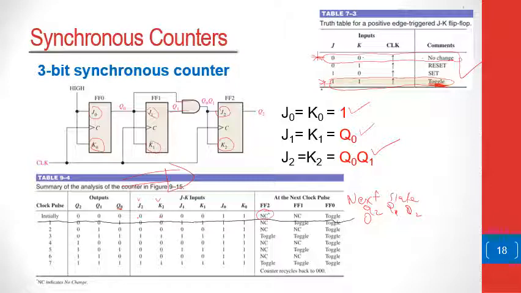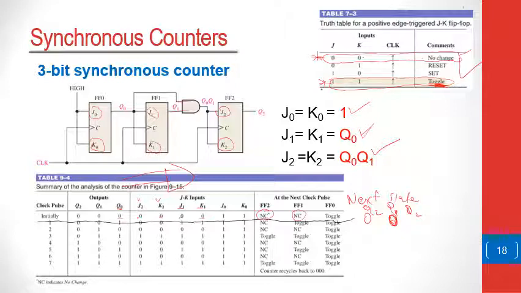And then if you look at J1, K1, excuse me, you will see that the inputs J1 and K1 are simply Q0. So Q0 is 0, which means the inputs of K1 and J1 are going to be 0, 0. And because they are 0, 0, from the transition table, 0, 0 is no change. So Q1 will remain as 0.